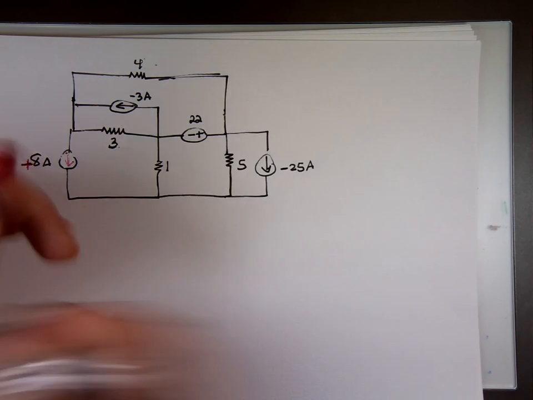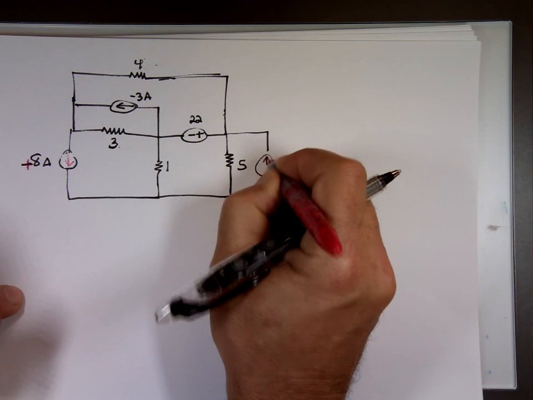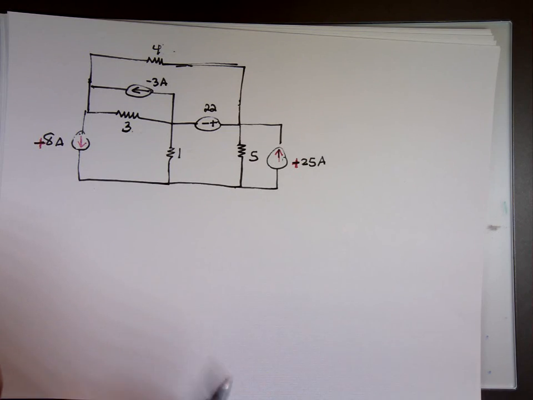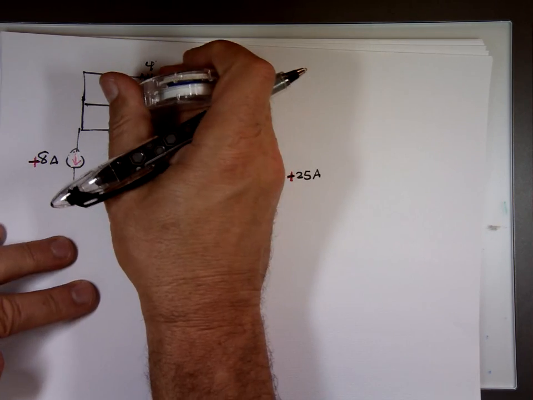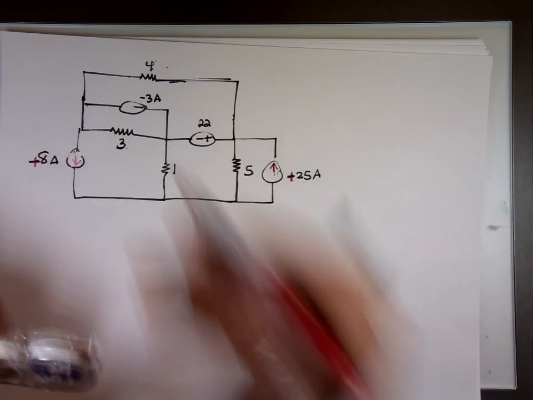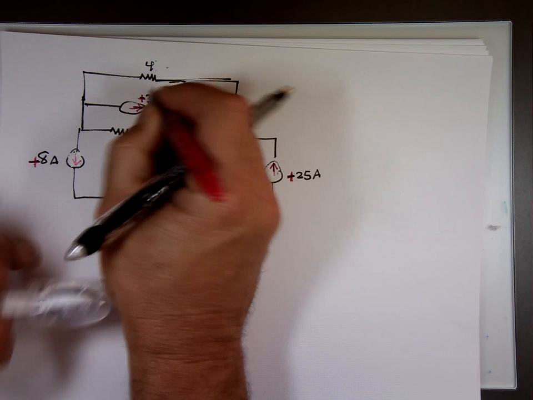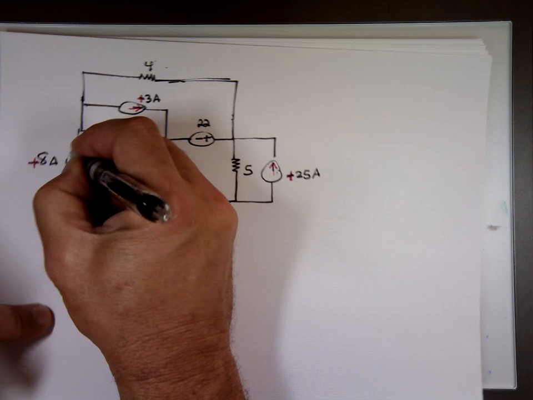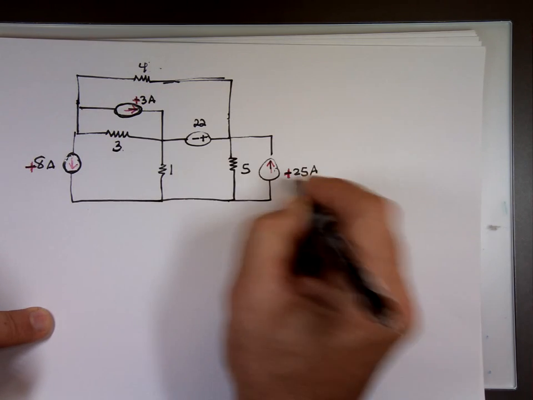I'm going to change the direction of this and make that a plus 25. I'm going to change the direction of this and make that a plus 3. That's what I would have done immediately, instead of using the negative values.